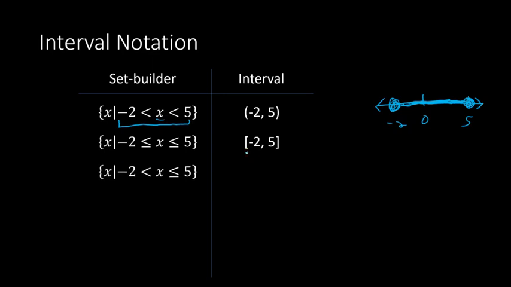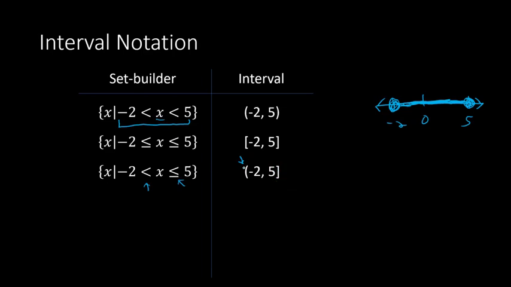All right, so we see this other example right here where you have a combination of a less than and a less than or equal to. So in interval notation, we still have -2, 5, showing it goes from -2 to 5. But where we have just a less than symbol, it's going to be the parentheses on this side, and then here with a less than or equal to symbol, it's going to be a bracket on that side.